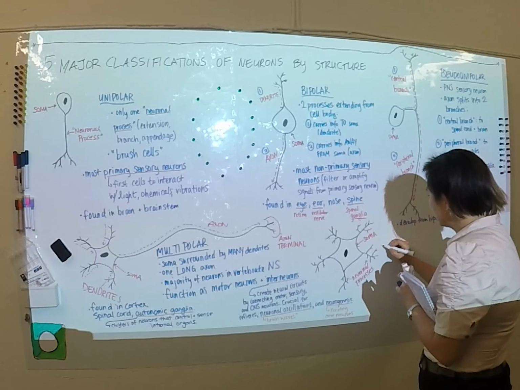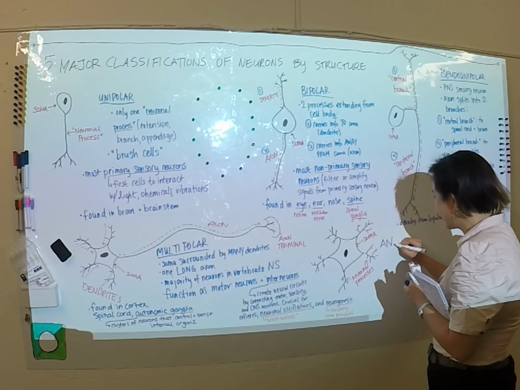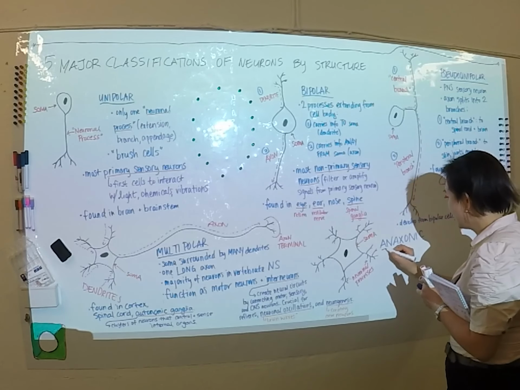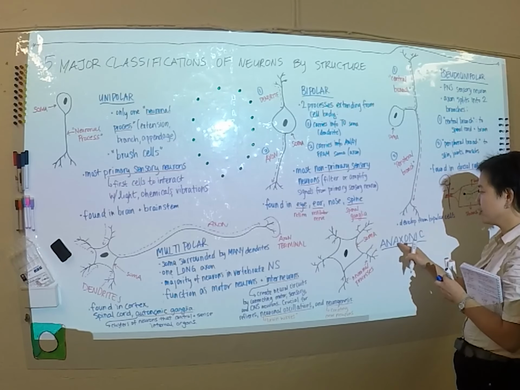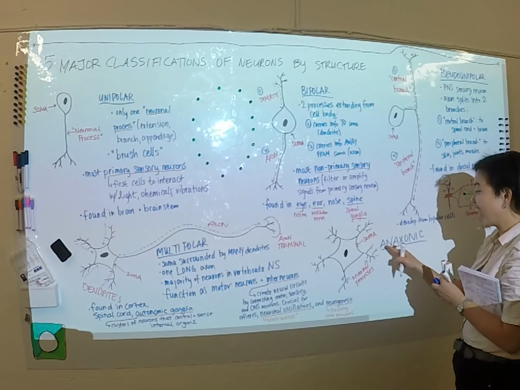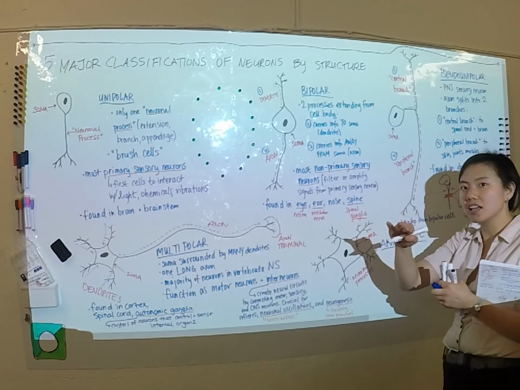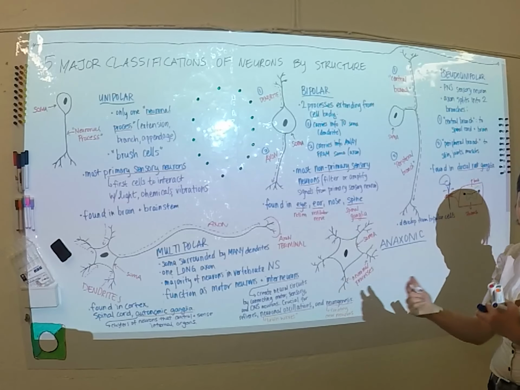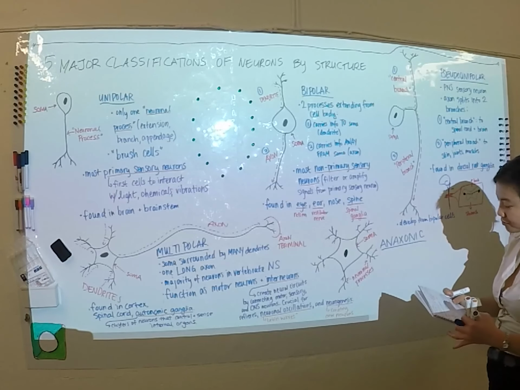So this last form is called anaxonic, okay? And you'll notice in the name, you see axon, and then an. An means not, without. So anaxonic, without an axon. Okay?